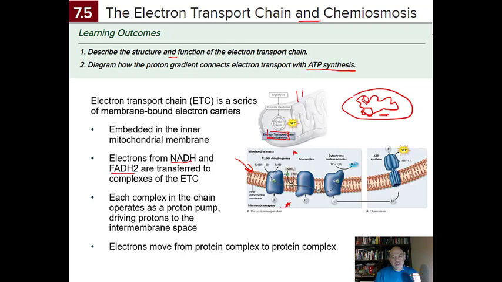If we simplify this and say just one series of these carriers, there are many of these combinations throughout the entire inner membrane, and it's folded to provide a lot of space for this to be happening at a high level, as many of them are working all at the same time.